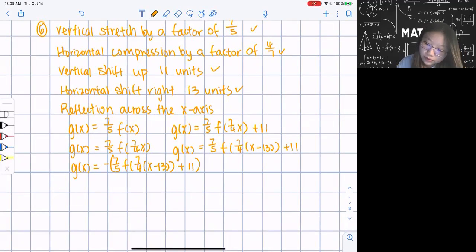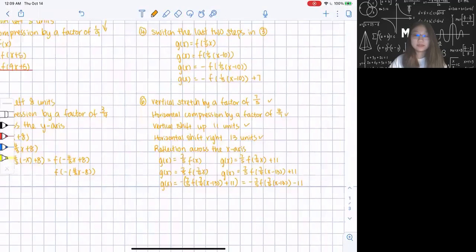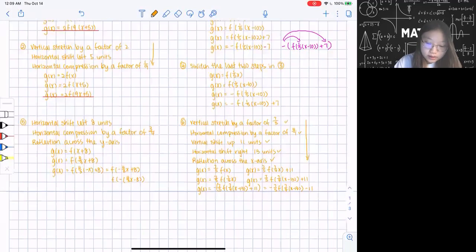Distributing this negative sign, it's negative 7/5 f of 7/4 x minus 13 minus 11. So that's easy, right? It might seem complicated over here, I have so many steps, but when you're actually doing it, it's pretty easy.